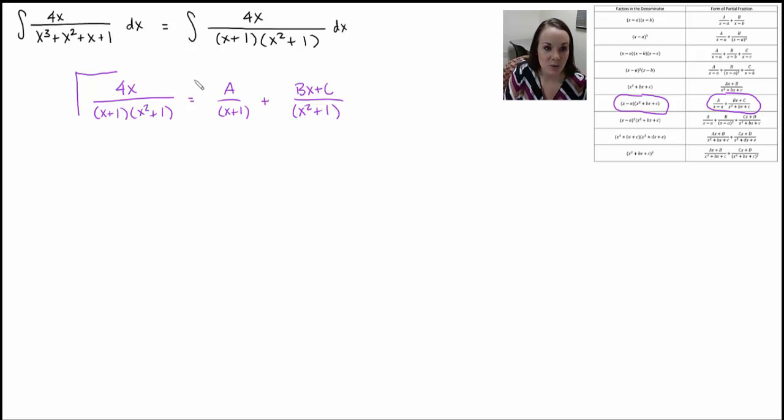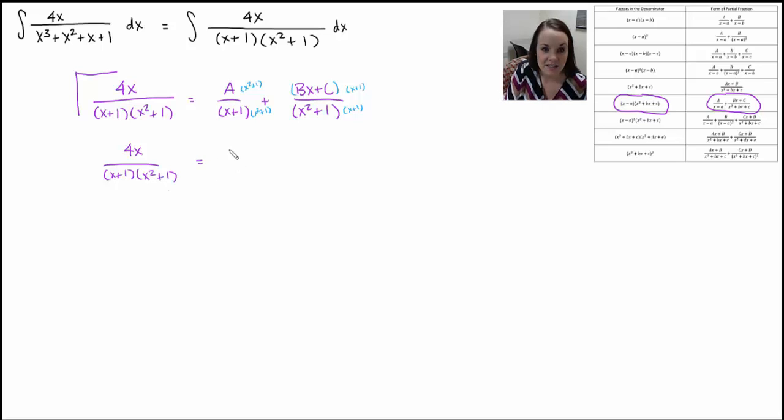So what we need to do is find a common denominator. So I multiply both sides here by x squared plus 1, and I multiply both sides over here by x plus 1. And then I can distribute and get a common denominator. And once I have that, I can add those two fractions together.